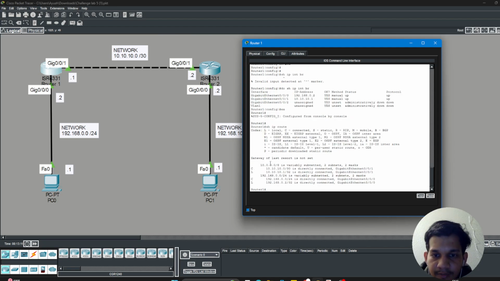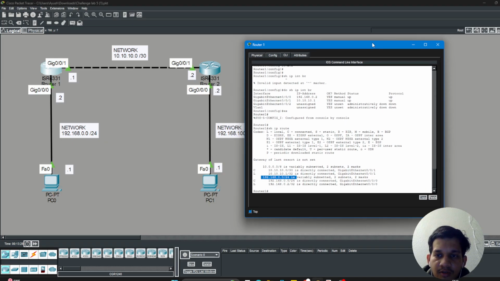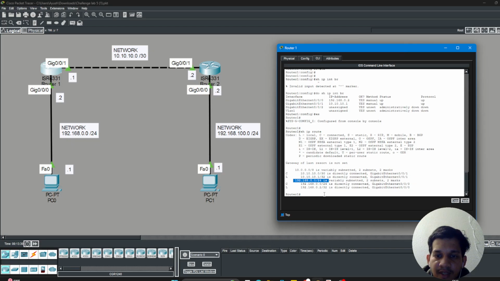For now it has an idea about the 10.10.10.0 network and about 192.168.0.0. It only knows these two networks, but it doesn't know about this network. So we need to configure a static route.